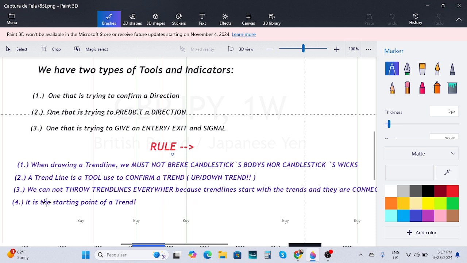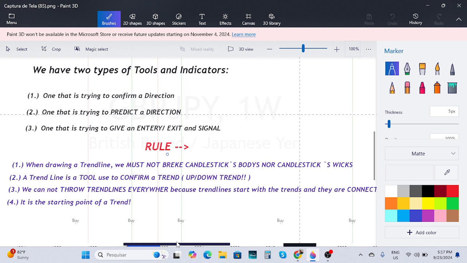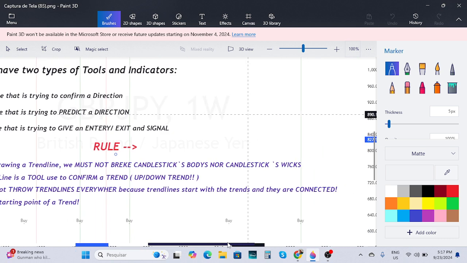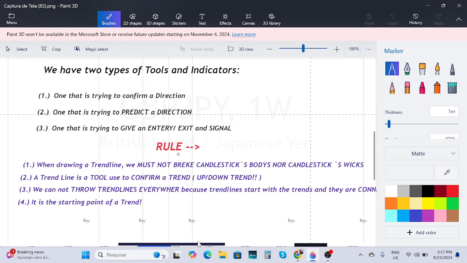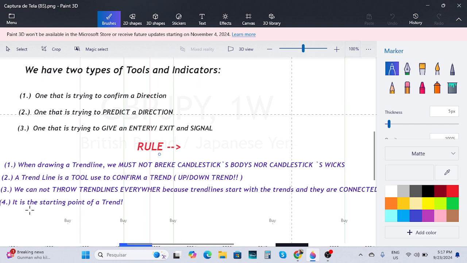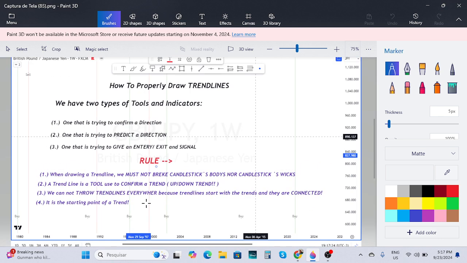Rule 3: we cannot throw trend lines everywhere, because trend lines start with the trends and they are connected. And rule 4, lastly: it is the starting point of a trend. So these are the rules that guide us when it comes to trend lines.